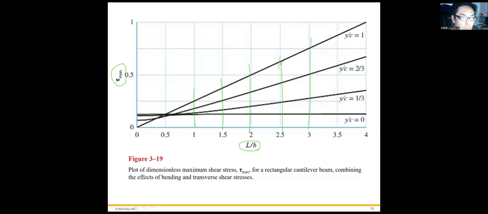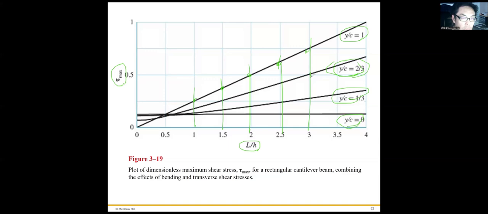We discover that when the ratio y over c equals 1, it always has the highest value of the maximum shear stress compared to other ratios. That means the maximum shear stress will be located at the top surface, because y over c equals 1, even when the ratio is 2.5 to 3.